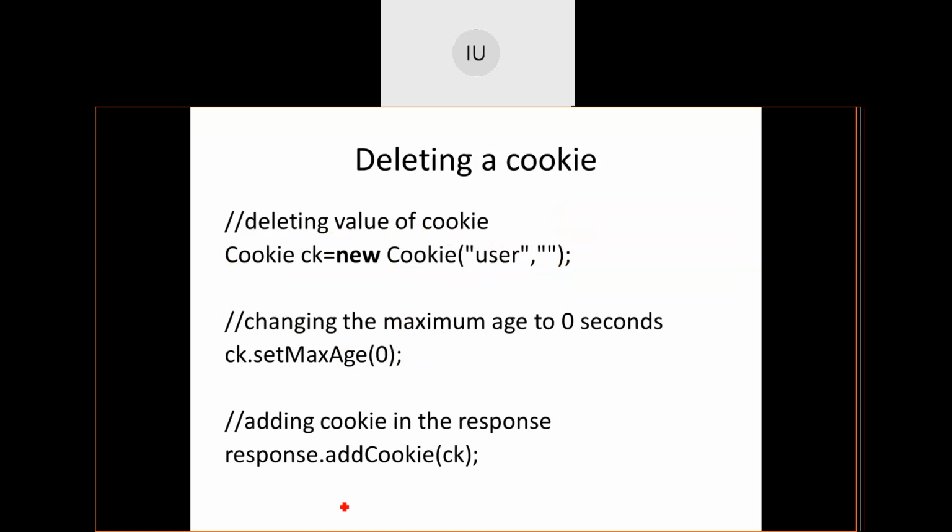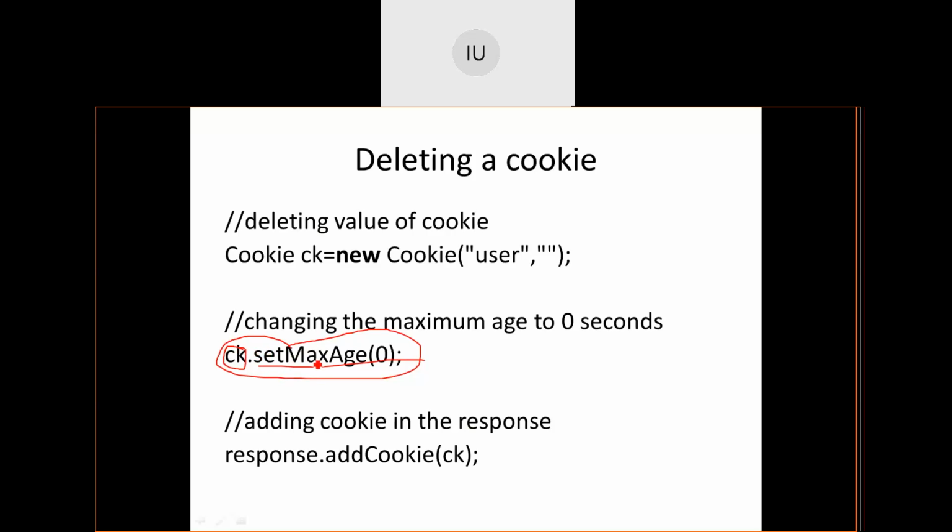Now you cannot unset or kill a particular cookie, but you can definitely unset it by setting the max age to 0. At any point in time, if you want to remove that cookie entry from the list, you can do this by doing ck.setMaxAge of 0 with reference to the object with which that particular cookie was created.